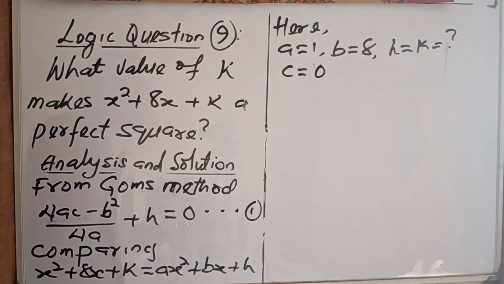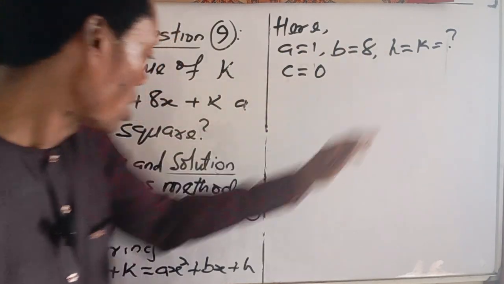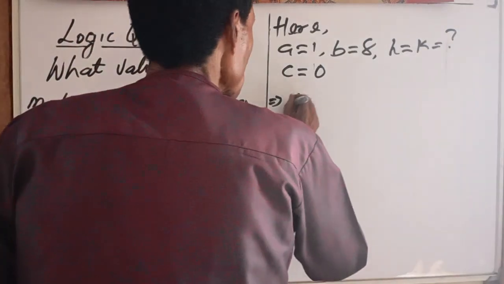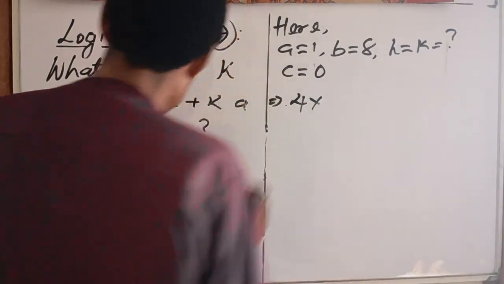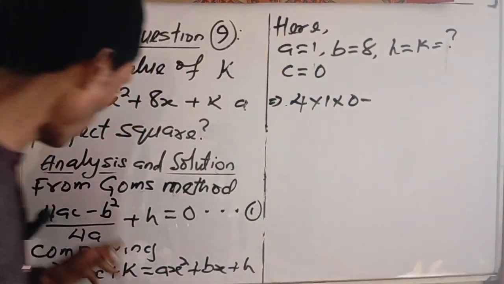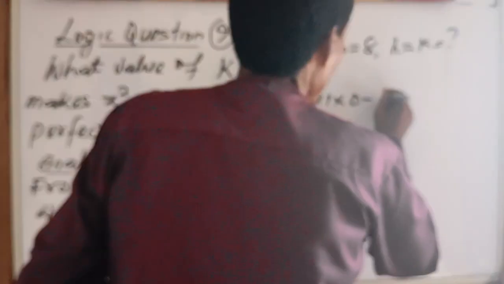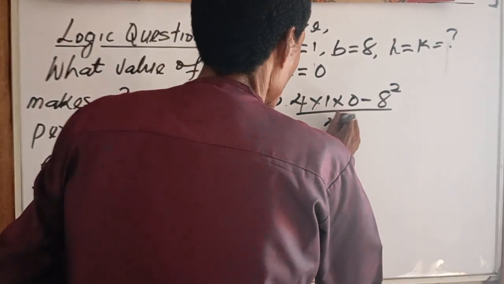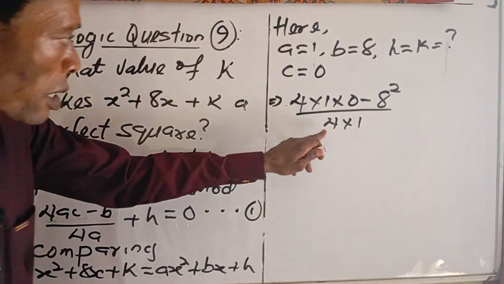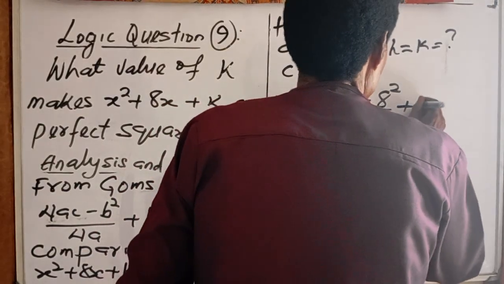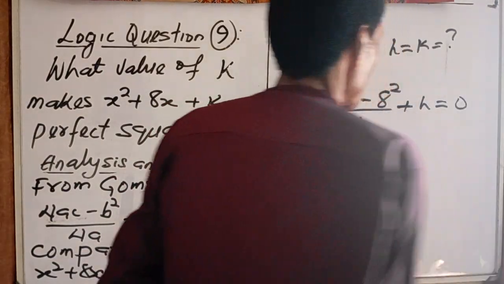So all you need to do now is to substitute all these values into the formula, which implies 4 times 1, which represents a, times 0, which is for c, then minus 8 squared all over 4 times 1, which is for a, then plus h equals 0.